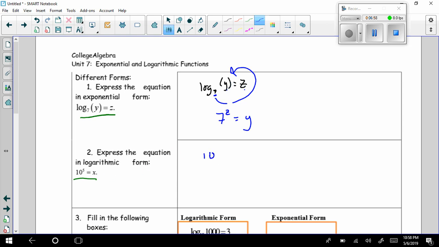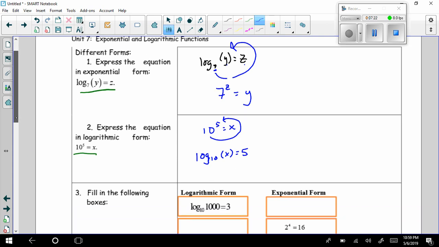Going the other way, if we have 10 to the 5th is equal to x, that means log base 10 of x is equal to 5. Okay, so moving back and forth between the two.